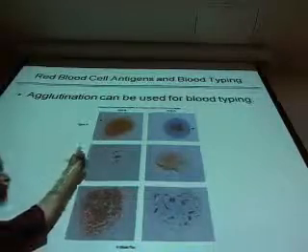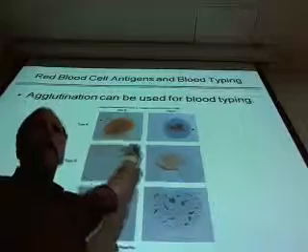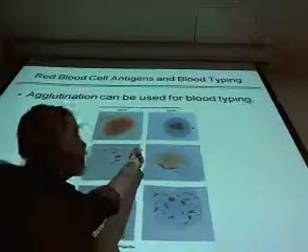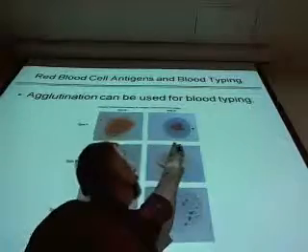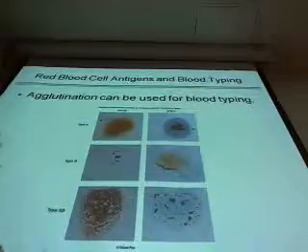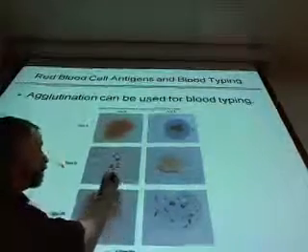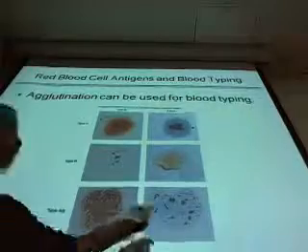The A blood cells, because they don't have any B substance on them, stay smooth and don't clot at all with the anti-B. With the anti-A, it clots the A cells. Exactly opposite with the B, and with the AB, everything clots.